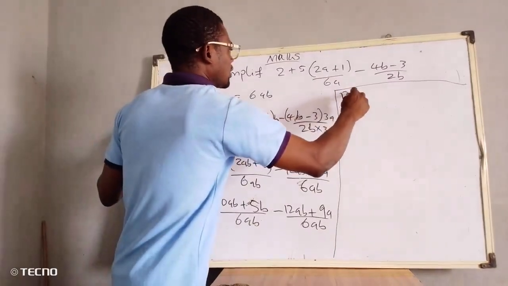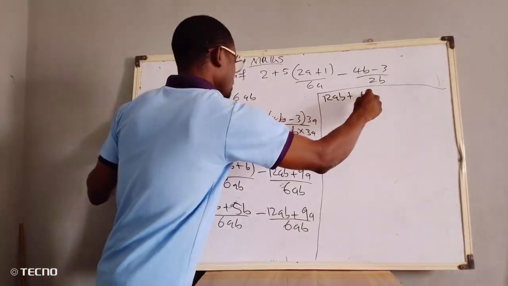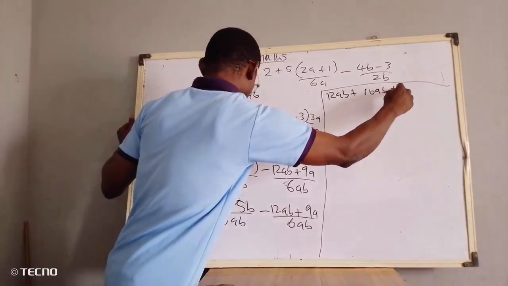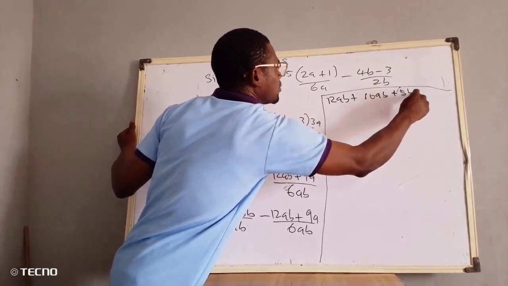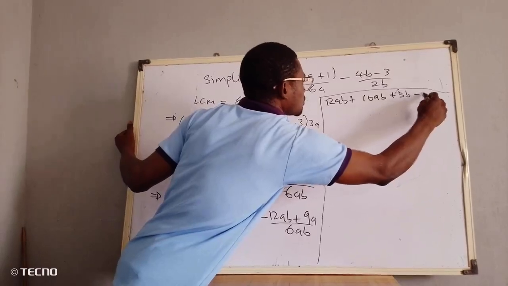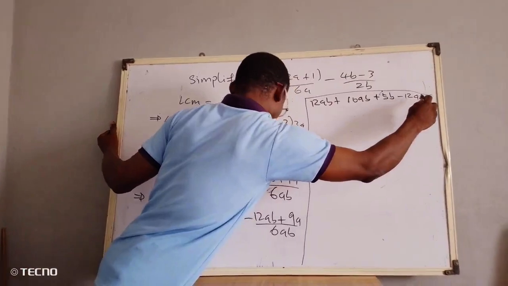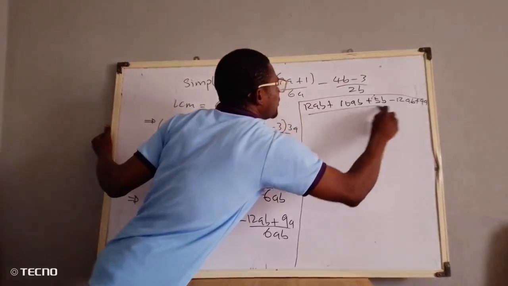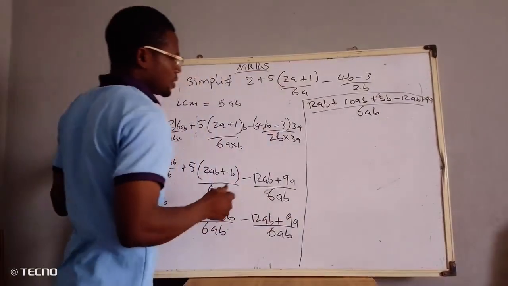So I have 12AB now plus 10AB plus 5B minus 12AB plus 9A. Everything divided by 6AB. You understand?